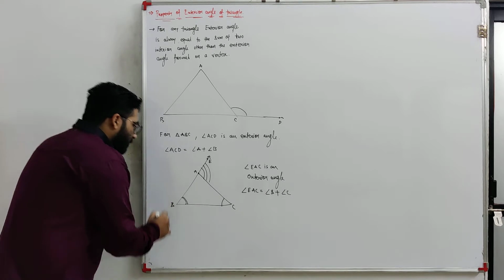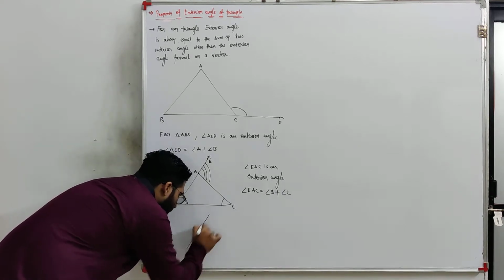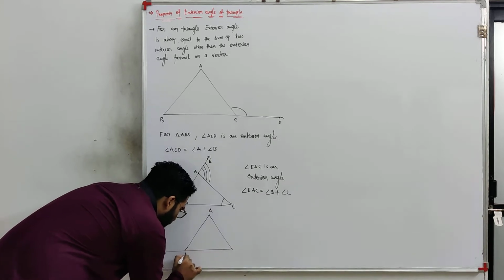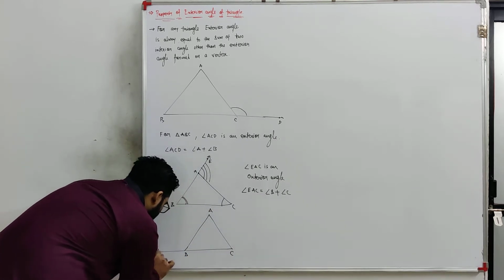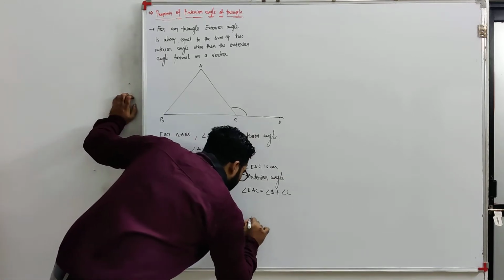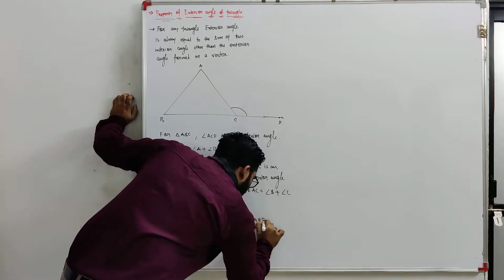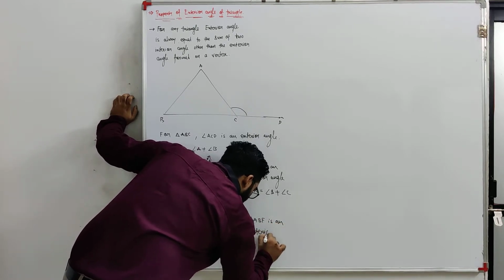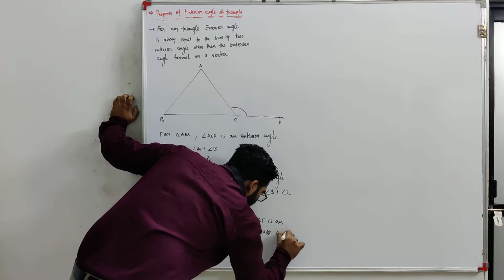Same way, if I draw the triangle like this, A, B and C, and this one we can say F. So angle ABF is an exterior angle. So what is the property?